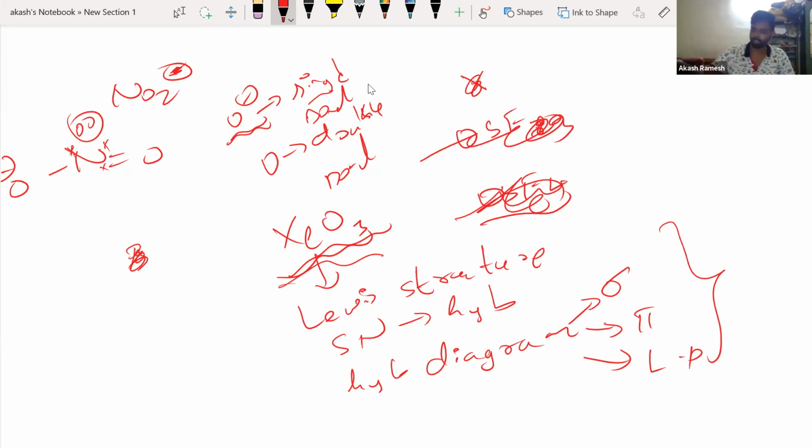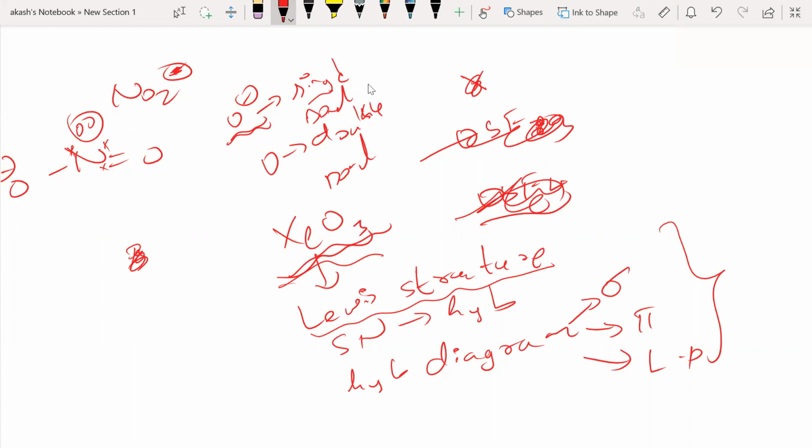Draw the Lewis dot structure first, then only you can find the steric number, and then only you can find the hybridization, people, if you are finding it difficult. Xenon has 8 valence electrons. It belongs to the noble gas family. So how does it form a molecule? It is inert, right? This was not explained by your Lewis structure, because it is already octet satisfied. But according to the theory of hybridization, the electron can shift to a higher energy level.